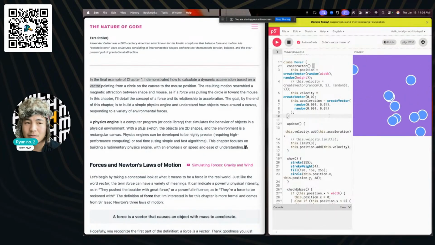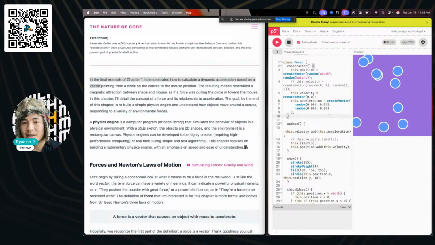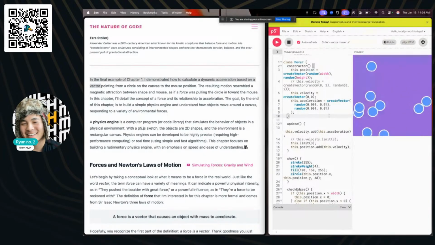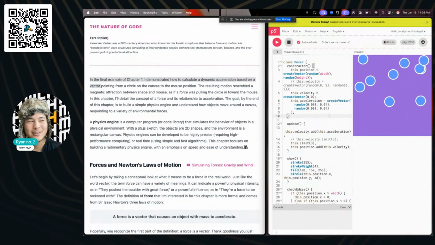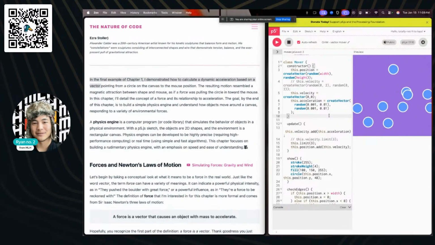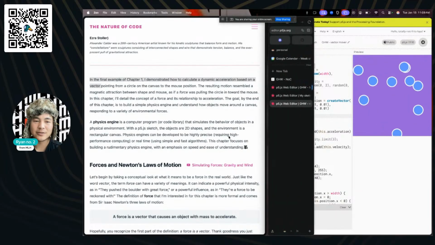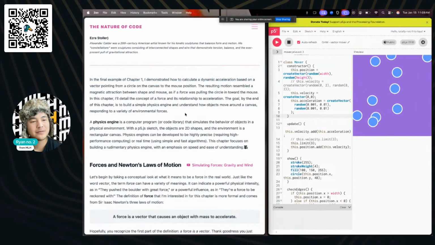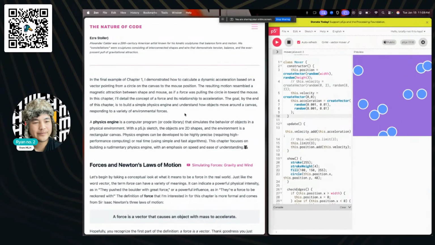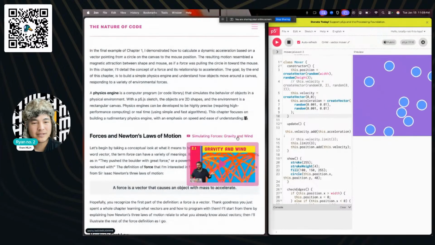So it is only natural, pun intended, that the next step is to start combining different accelerations in the form of forces. There's a few fun forces for us to play around with, and we're going to be looking at simulating gravity and wind.